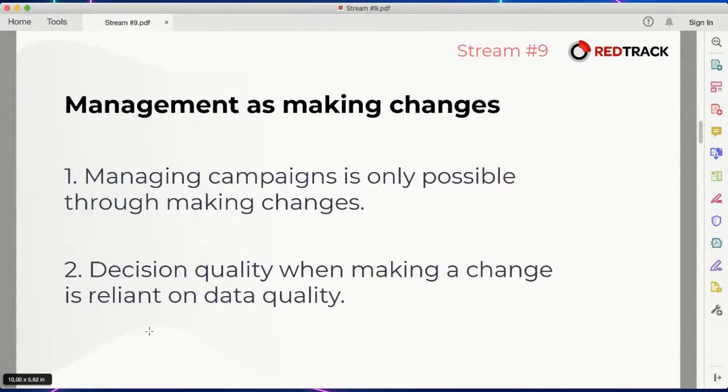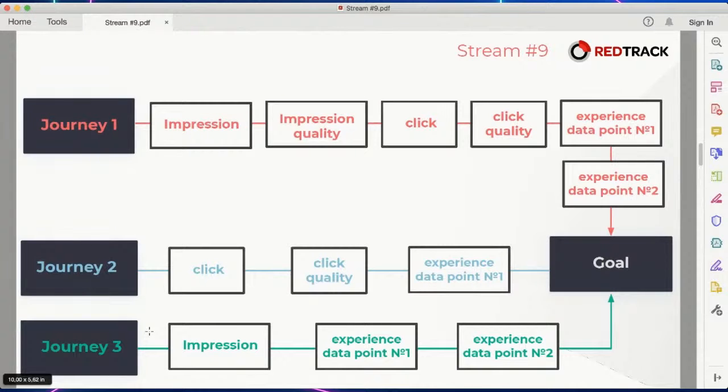But to make a decision on those changes, you need to have quality data. And by quality, we mean consistent, real-time, accurate, and so on and so forth. This is just an example of the data that you may have towards one particular goal, and it may actually be more complex than this.